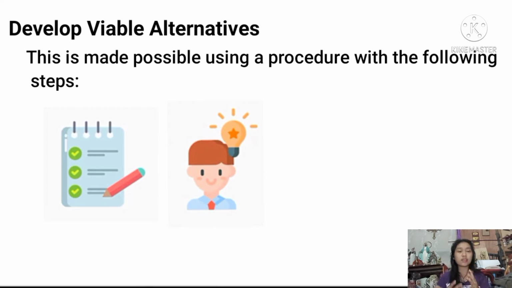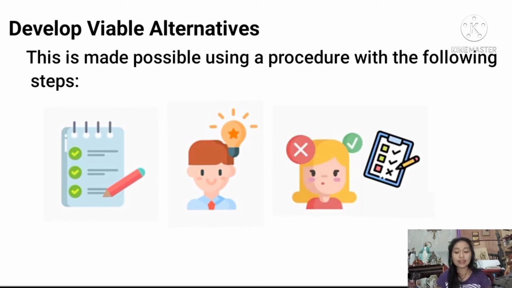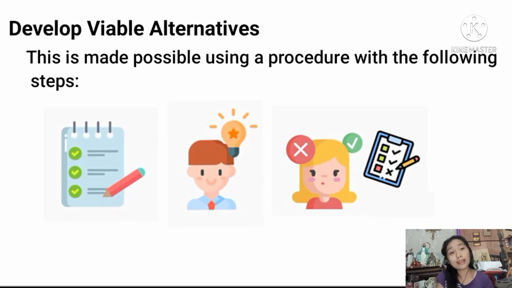You need to think first if it's a good solution or a bad solution. Lastly, review the list and strike out the non-viable, because always consider the best alternative solution.